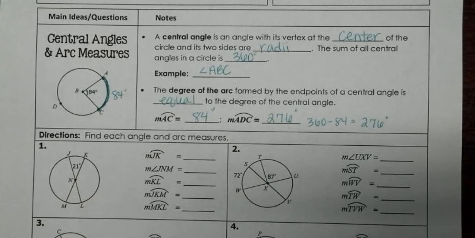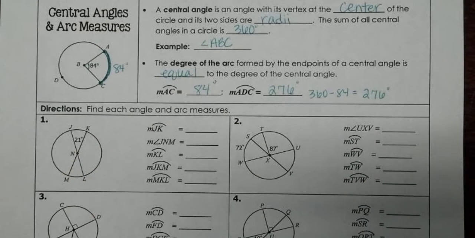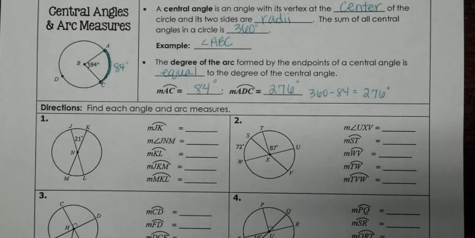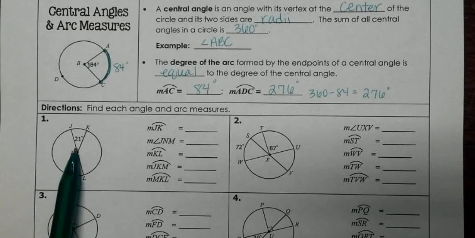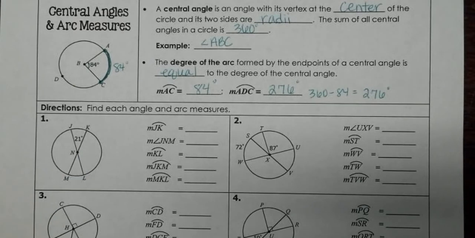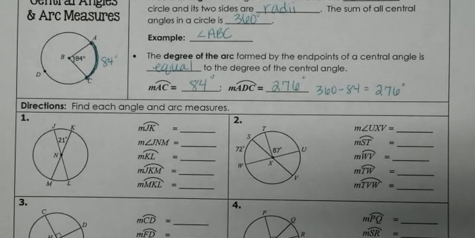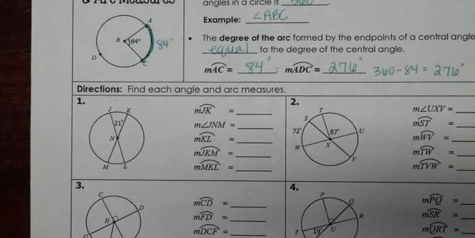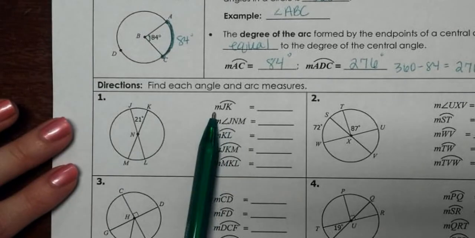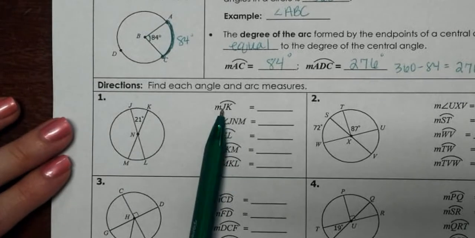Okay, so let's look at the next few examples. On the directions for 1 through 4, you're finding each angle and arc measure. On number 1, the angle that's given, angle JNK, is 21 degrees. So we're trying to find the measure, that's what the M stands for, of the arc JK.